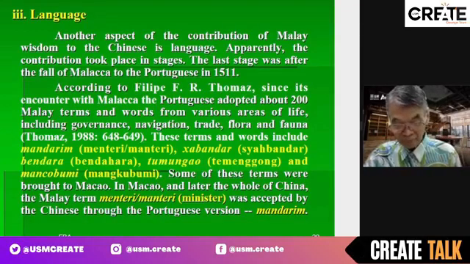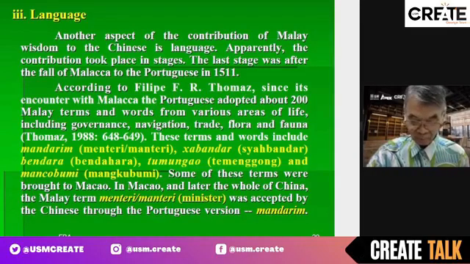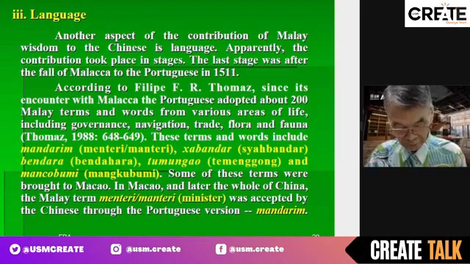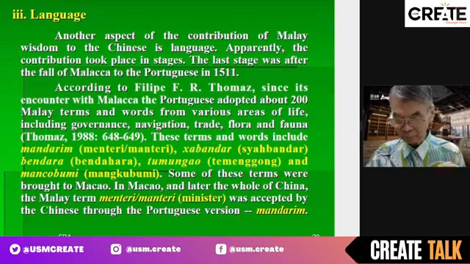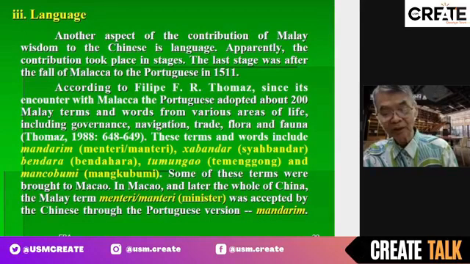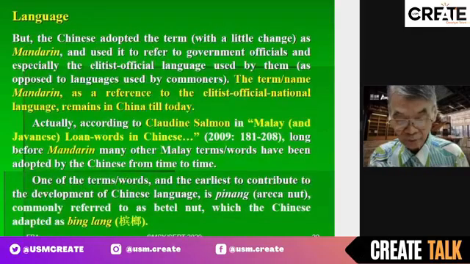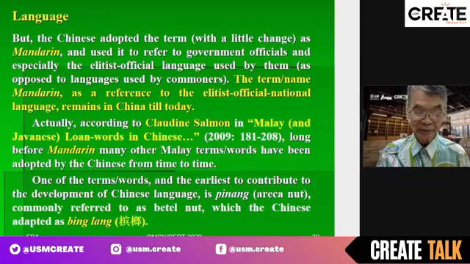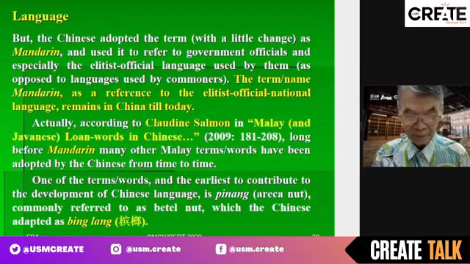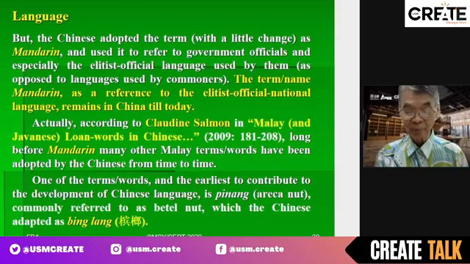In Macau, and later the whole of China, the Malay term mantri or mantari, minister, was accepted by the Chinese through the Portuguese version. The Portuguese version was Mandarin. But the Chinese adopted the term with a little change, and it became Mandarin, and used it to refer to government officials, and especially to the elitist official language used by them, as opposed to languages used by the commoners.